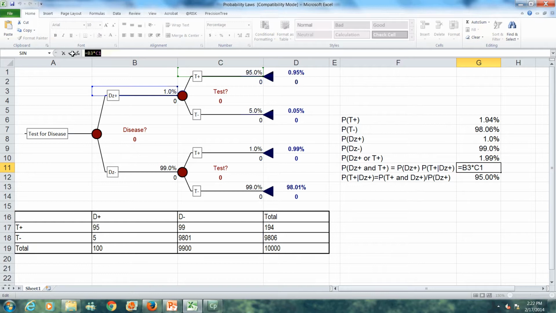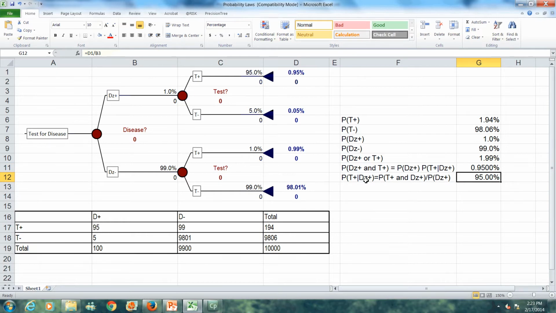It's this number right here, disease positive, times that conditional probability right here in C1. So this number times this number gives me that probability. Okay? And that's a simple application of this rule.